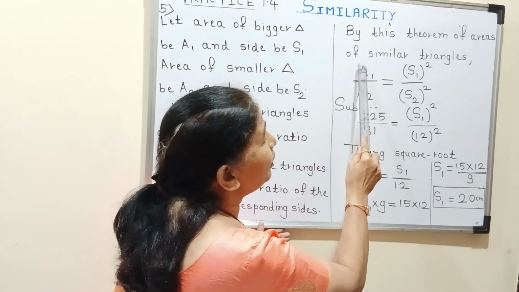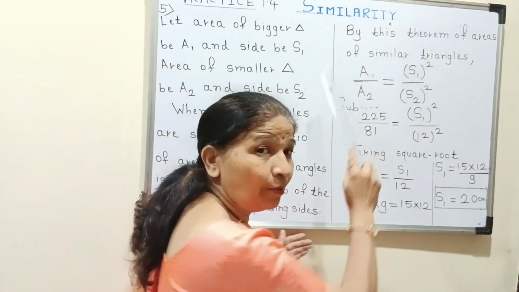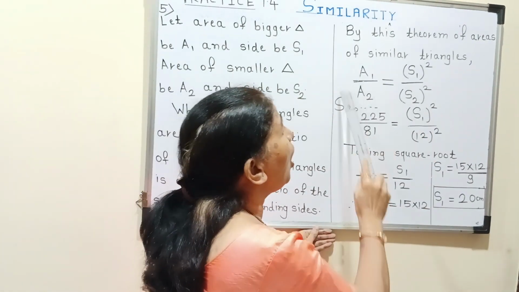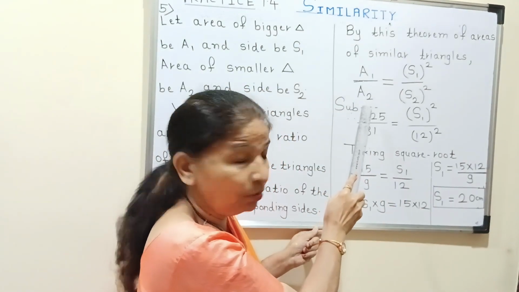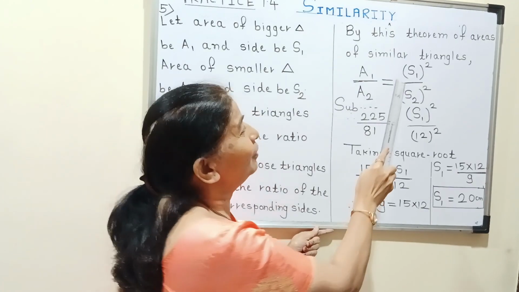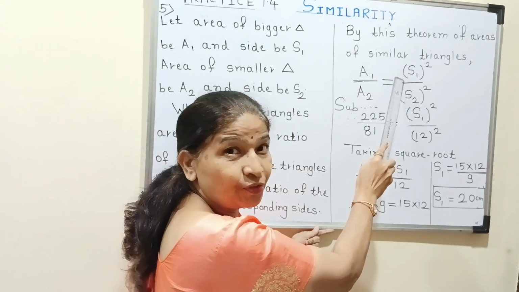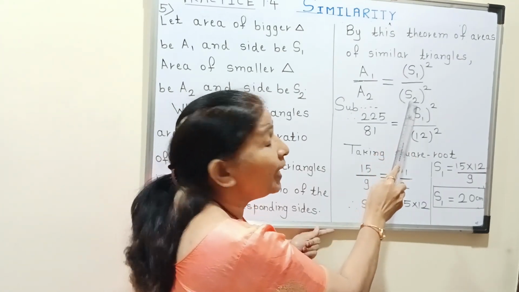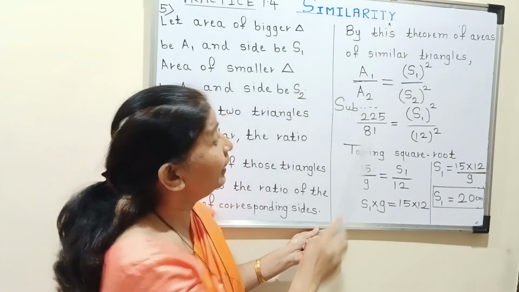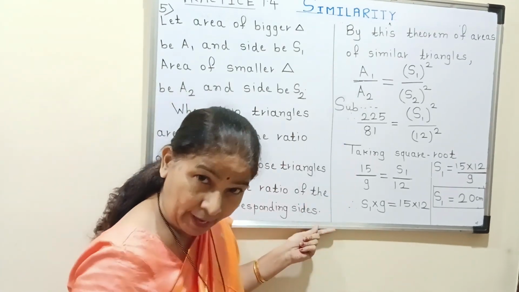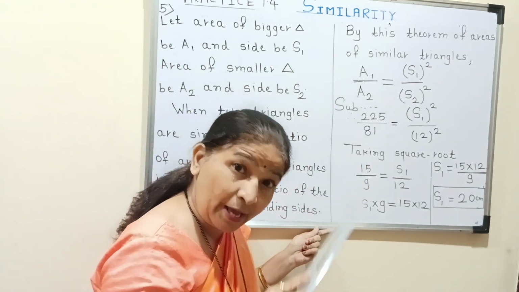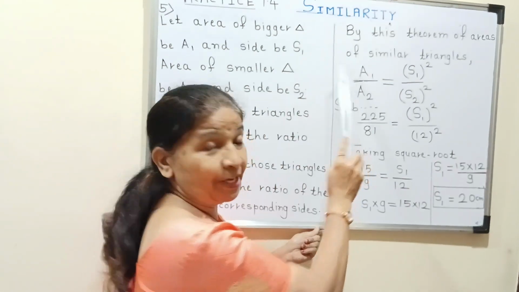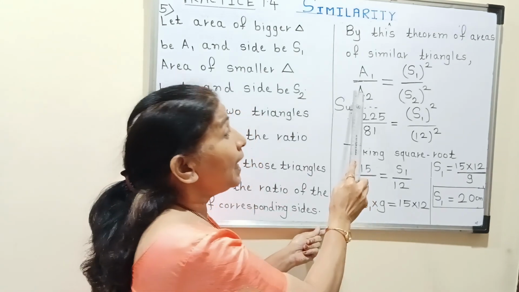Now I am denoting this theorem in short as A1 upon A2 is equal to S1 square upon S2 square. Here A stands for area. A1 is the area of the bigger triangle.